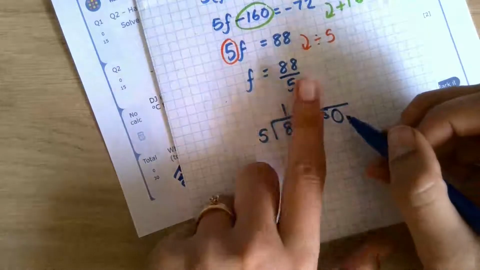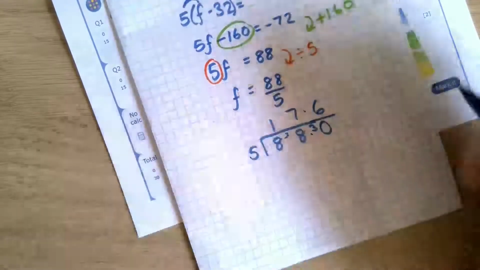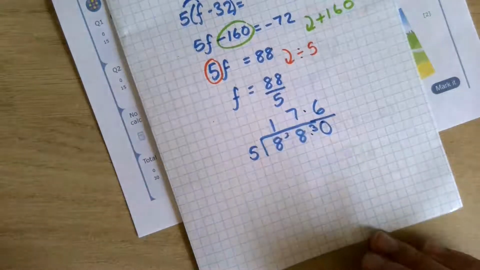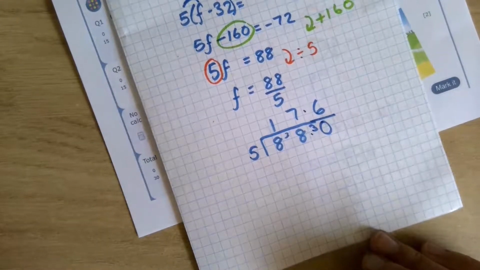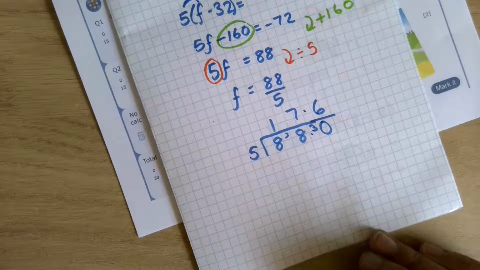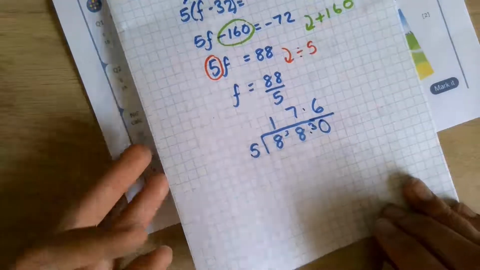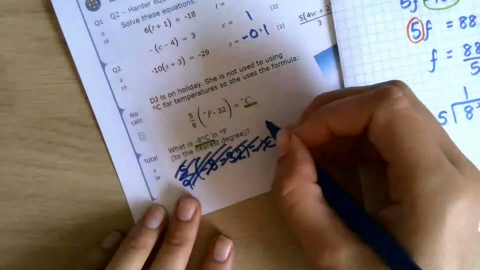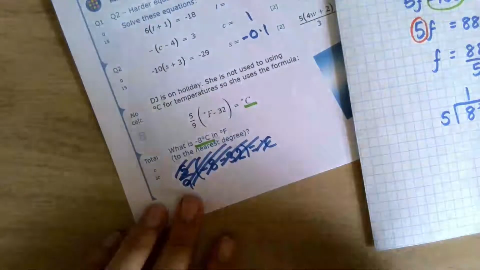How many 5s go into 30? 6, remainder nothing. 17.6. 17.6 is therefore negative 8. Oh, but it's nearest degree. Don't be daft. 18.